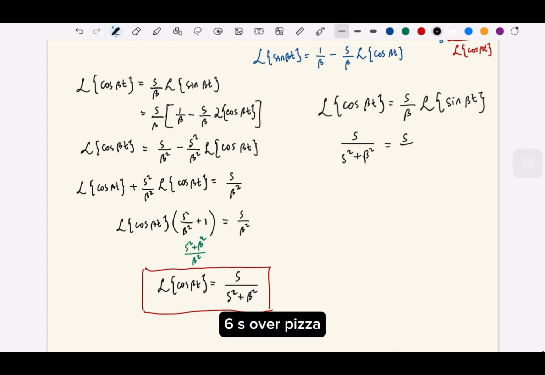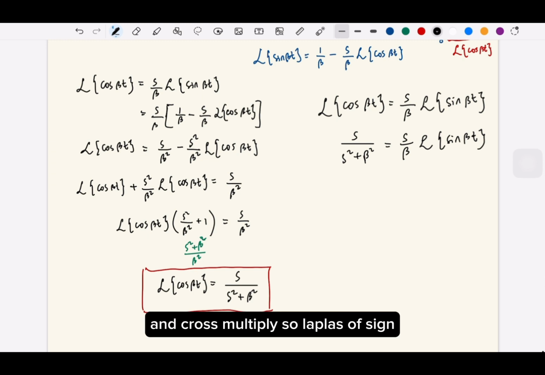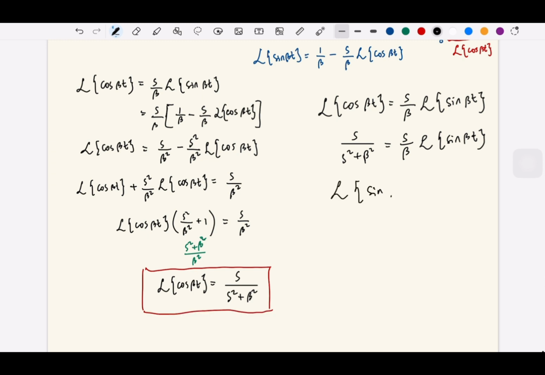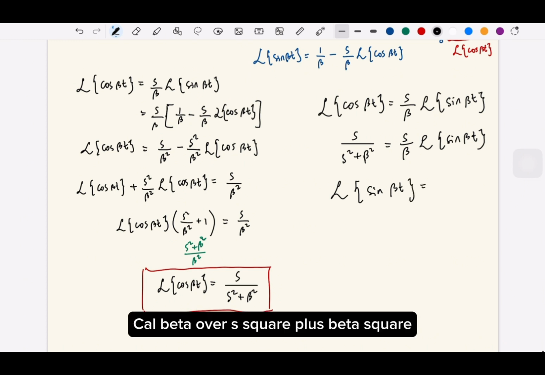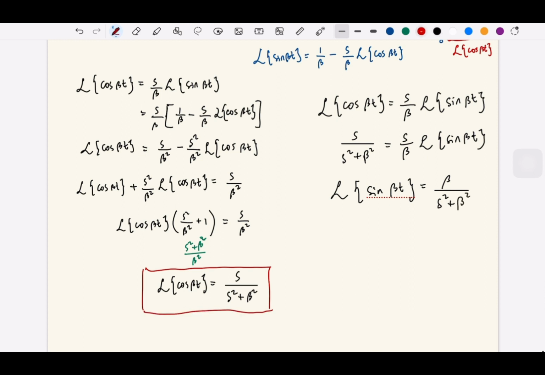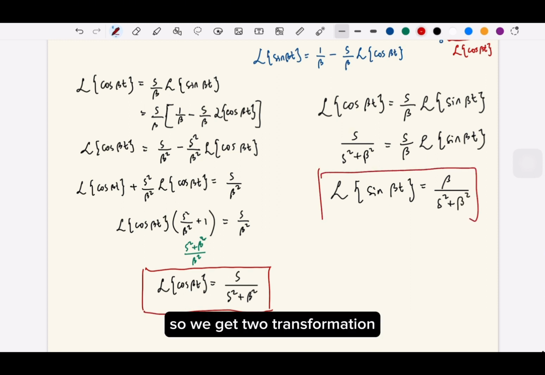This is s over beta. So we can cancel and cross multiply. So Laplace of sine becomes beta over s squared plus beta squared. So we get two transformations.